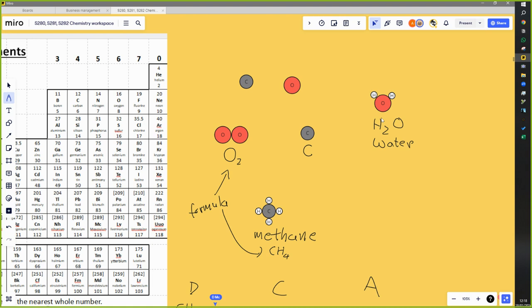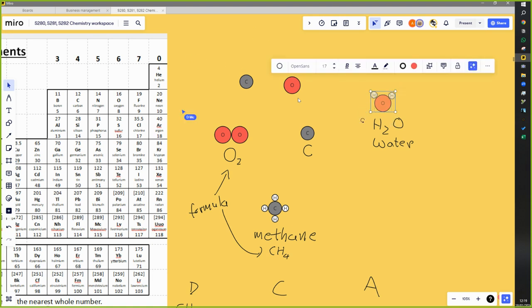Now, one thing to notice about this is that we have carbon, which is single atoms, with oxygen, which is in pairs. We have methane, which is a group of 5 atoms, and water, that's a group of 3. Let's label some of these.